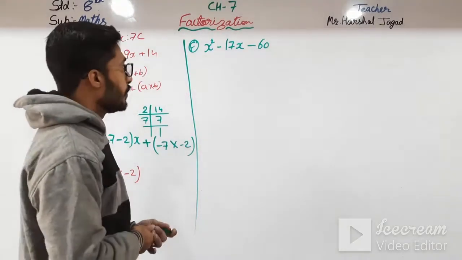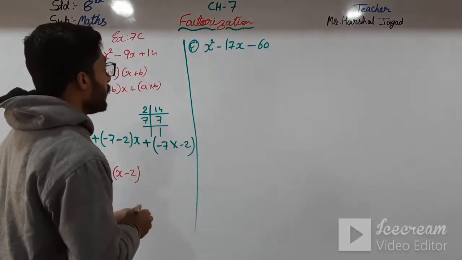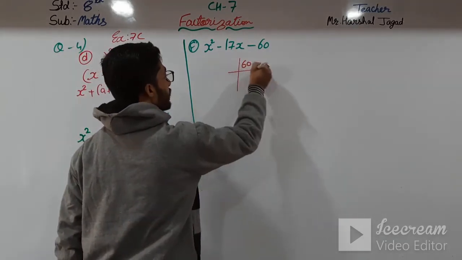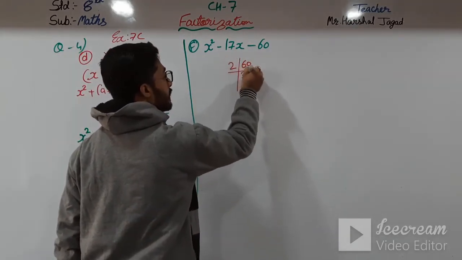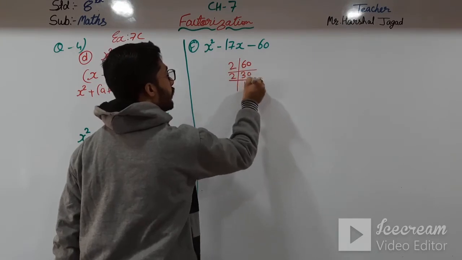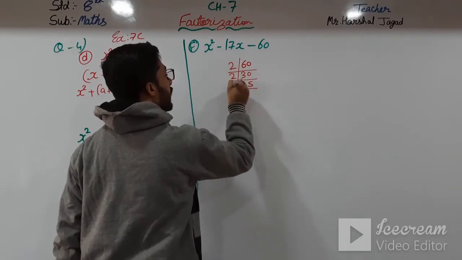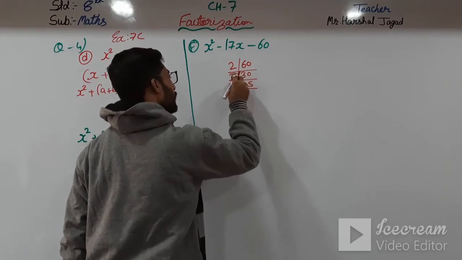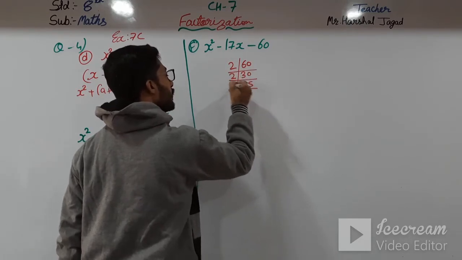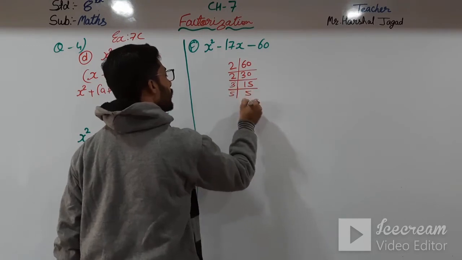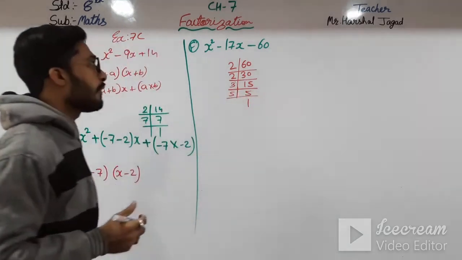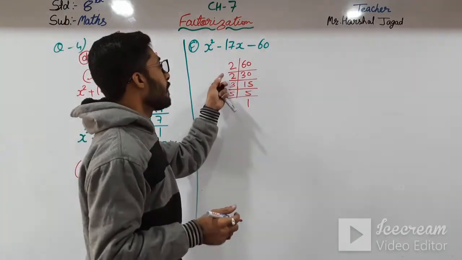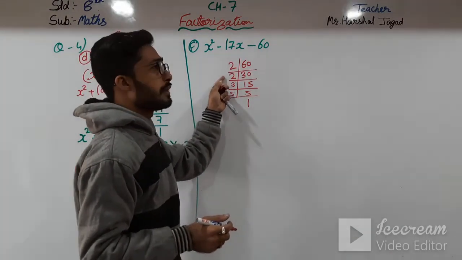Now, first of all, we have to take the factors of 60, that is 2 thirties are 60, 4 fifteens, 3 twenties, 5 twelves, and so on.